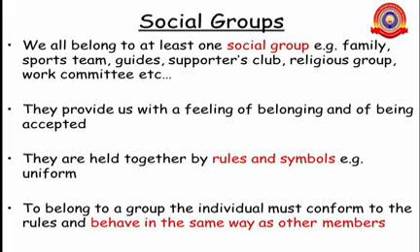They are held together by rules and symbols, for example, a uniform. To belong to a group, the individual must conform to the rules and behave in the same way as other members.